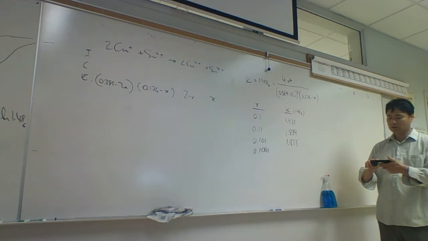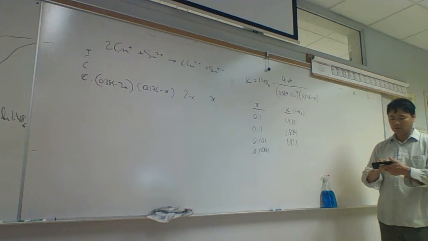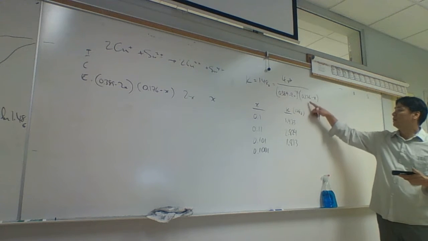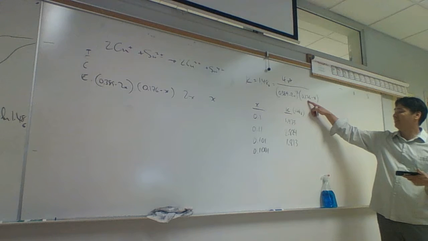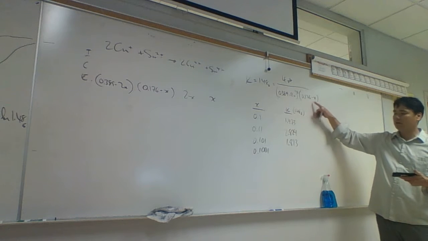And so times 2 gives me 0.2002 minus 0.389, square that whole thing, times, can I do this one in my head? This is going to give me 0.0759.